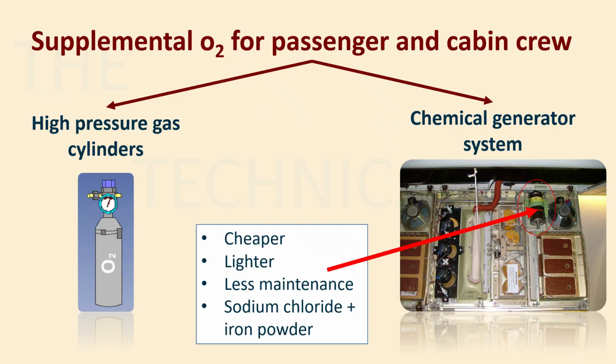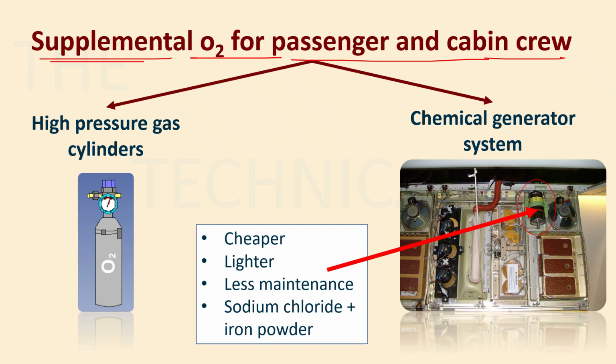So yeah. And then supplemental oxygen for passengers and cabin crew. Supplemental oxygen is, again, in case the pressure in the system fails. For pilots, we saw that they have those kinds of quick donning masks. But what is there for passengers? What is there for crew? So we have two systems for passengers and cabin crew.